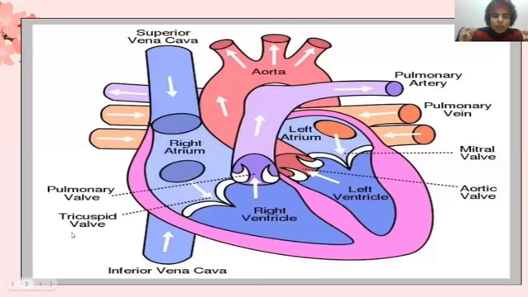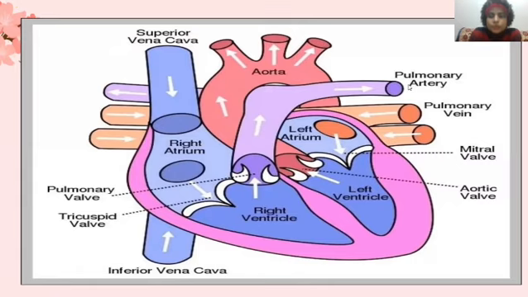It brings all the deoxygenated blood from the body into the right atrium, and from this right atrium the blood passes through the tricuspid valve and moves into the right ventricle. From this right ventricle, after ventricular systole, the blood goes into the pulmonary artery.